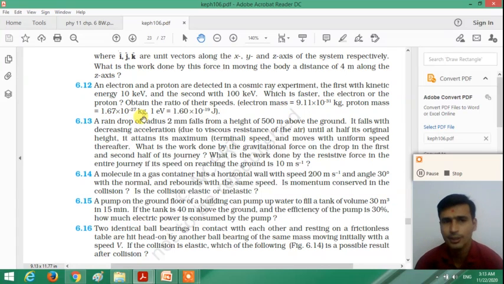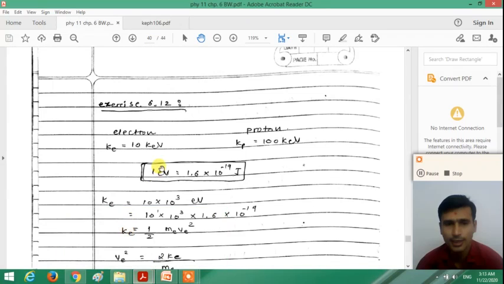And here we need to convert this electron volt, which is a unit of energy, into joule. So 1 electron volt is equal to 1.6 into 10 raised to minus 19 joule. So here the electron and proton are given to you.